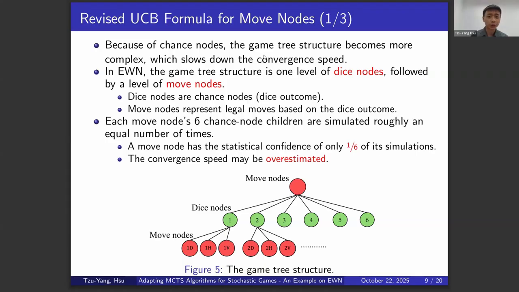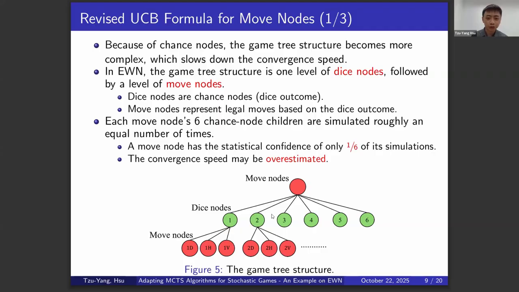Because of the chance nodes, the game tree structure becomes more complex, which slows down the convergence speed. In EWN, the game tree structure is one level of dice nodes followed by a level of move nodes. The dice nodes are chance nodes that represent the dice outcome, and move nodes represent the legal moves based on the dice outcome.